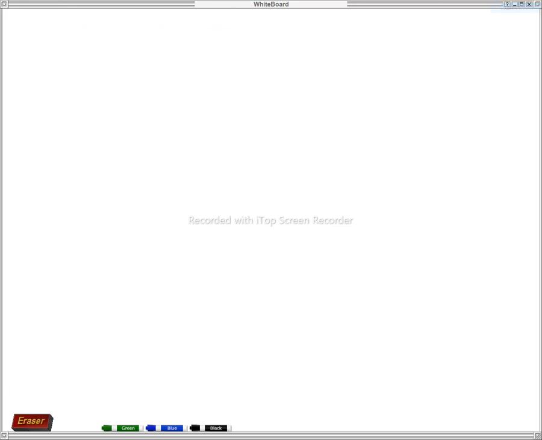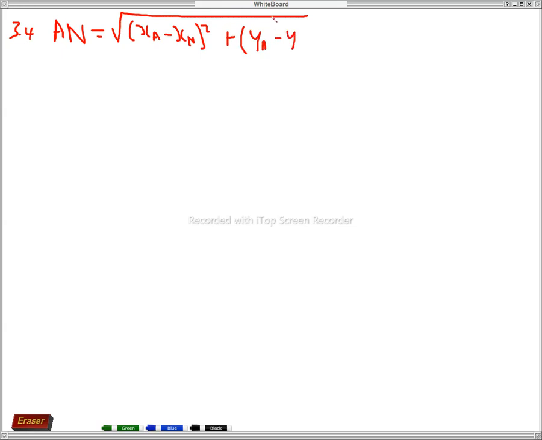Do you still remember the formula for the distance? It is the square root of (x of A minus x of N) squared plus (y of A minus y of N) squared, and then moving forward, let me substitute my values here.